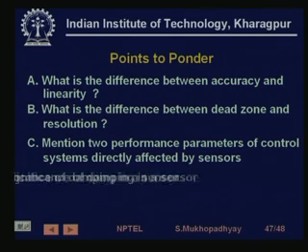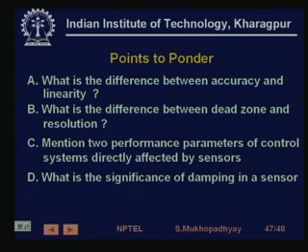And finally, what is the significance of damping in a sensor? What kind of sensor should have what kind of damping? For example, what should be the damping of an indicating instrument, what should be the damping level for a recorder, or for a feedback sensor. So think about these, and that is all for today.